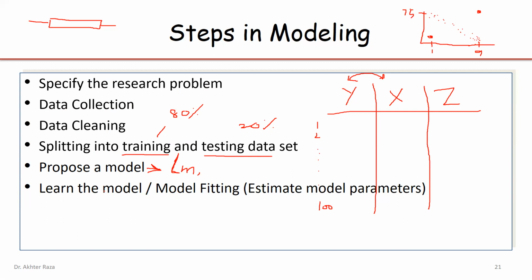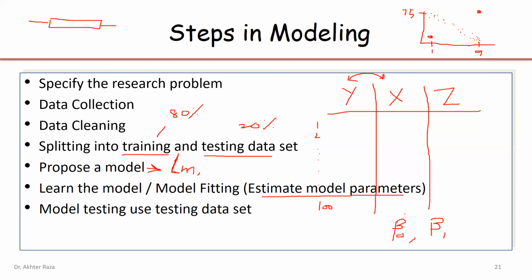Model learning and model fitting are the two important terms, meaning the model is to be built. So what is the main objective in model learning or model fitting? Estimating the parameters. We have to obtain the parameter beta naught in the linear model, and then estimate the parameter beta 1. So these two estimates are obtained. This process of obtaining these two parameters with the training data set is known as model fitting or model learning.